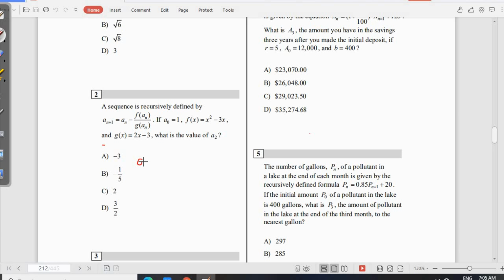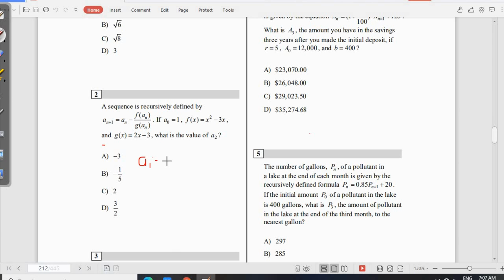So if I have an plus 1 and I want to use a0 as n, then this place will be a1.